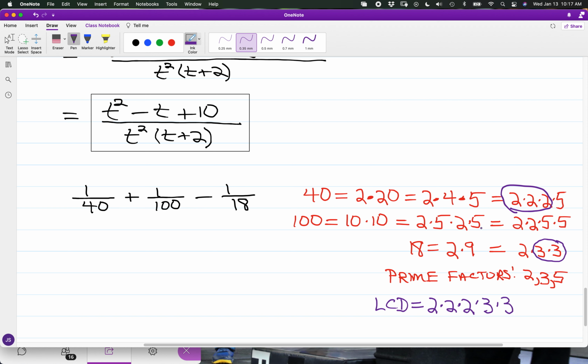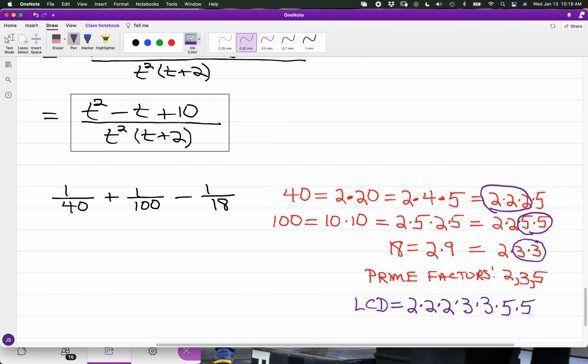And for 5, it comes once from 40, and 2 times from 100, and not at all from 18, so we have 5 times 5. So the least common denominator is 8 times 9, which is 72, times 25. This comes out to a rather large number, 1,800.